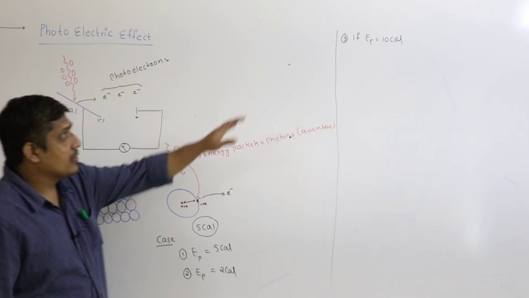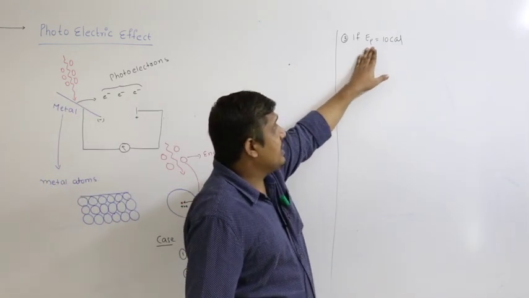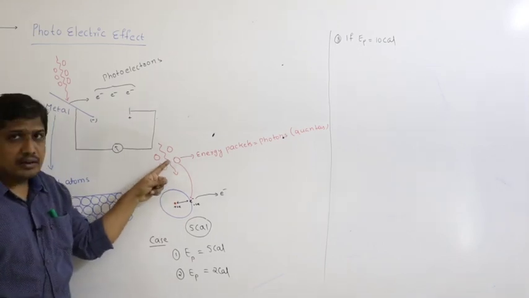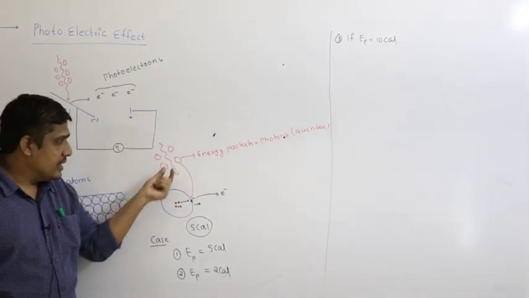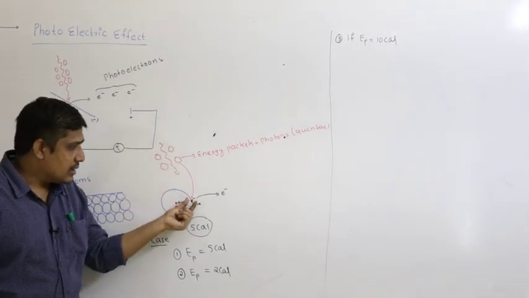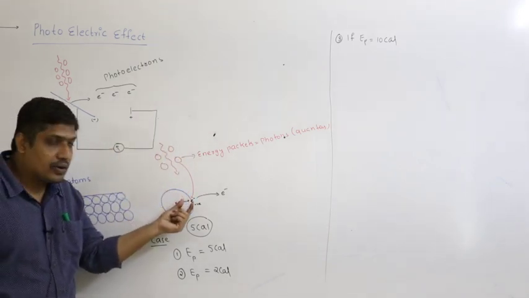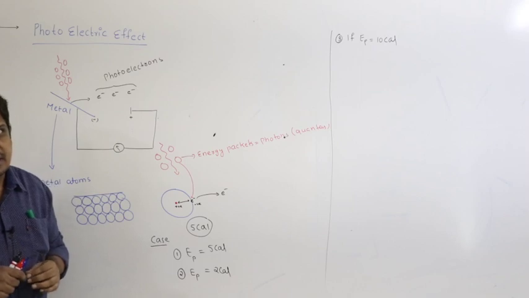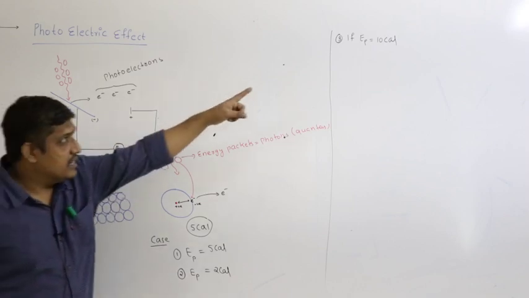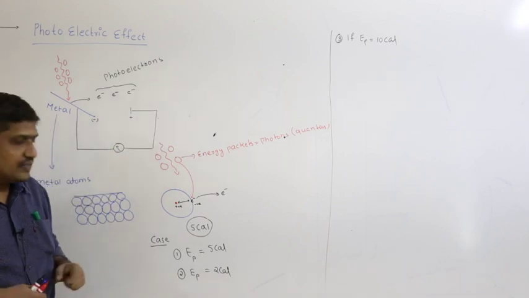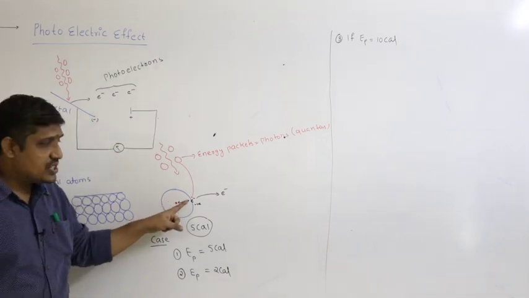Case 3. Here we are supplying a photon whose energy is 10 calories. When it falls on this metal, the electron absorbs the photon whose energy is 10 calories. Now the electron gains 10 calories of energy. Is it sufficient enough? Yes, 10 is greater than 5. So out of 10 calories, 5 calories will be utilized to overcome this nuclear attraction.